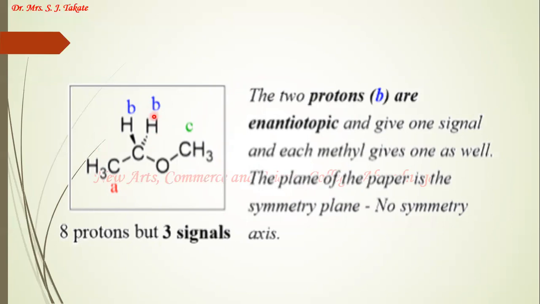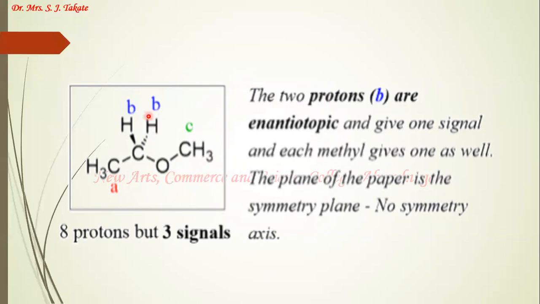But if I check for a plane of symmetry, if a plane of symmetry is present, then we can say that the protons are enantiotopic. And if you check the plane in which this molecule lies, that is the plane of this slide, or the plane of the paper, through this plane the molecule can be divided into two equal parts.